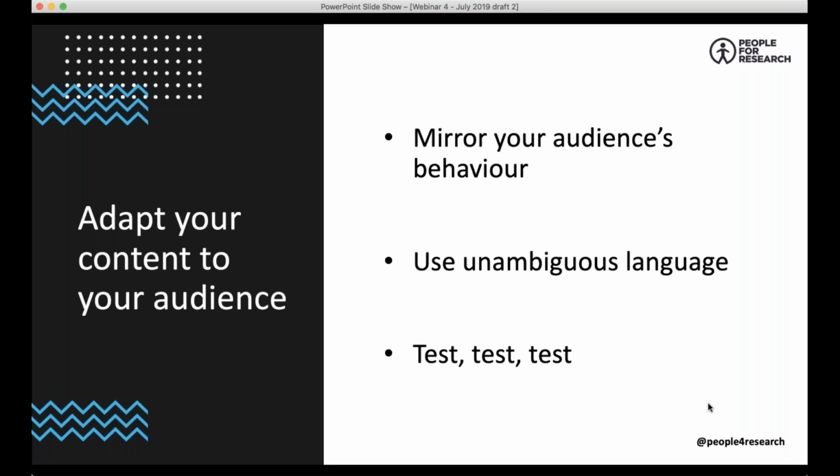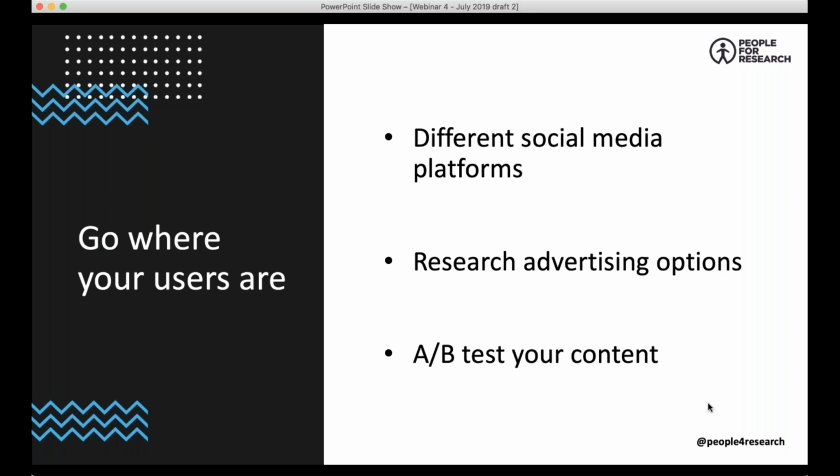Using unambiguous language, so informative content for business owners, a clear call to action, what is required of them, what is the benefit for them. And then test, just find out what kind of content works for them, because you need that. You're going to see that a lot in the next few slides, the references to testing.